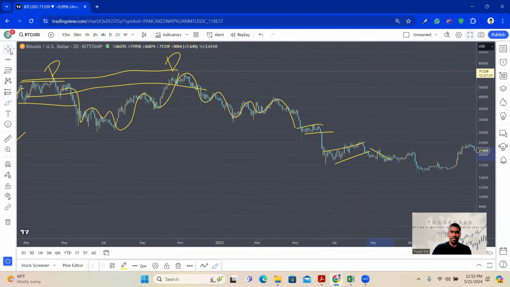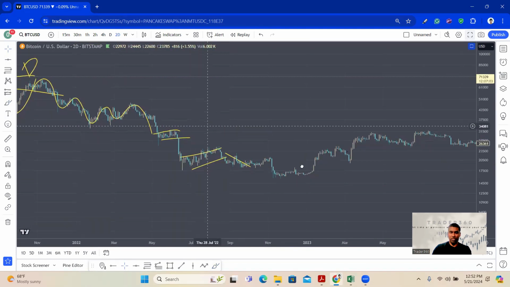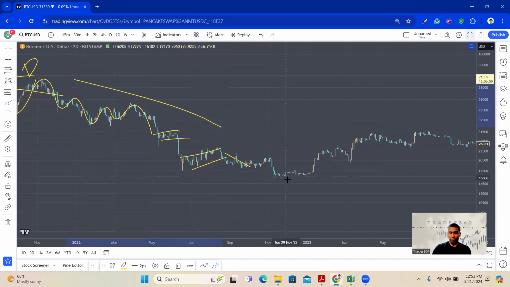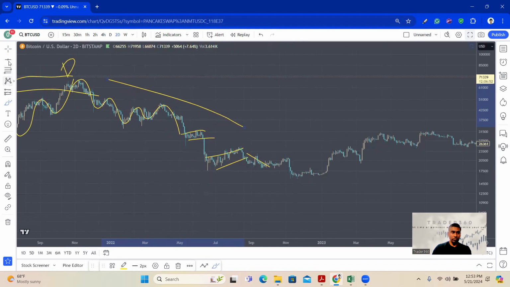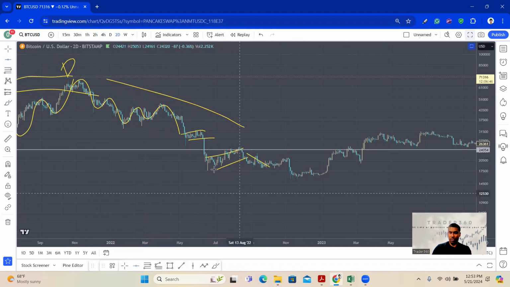So the prices did move to the downside until they reached 15,000. So here, in between these areas, I would say it's this area and it's this area.